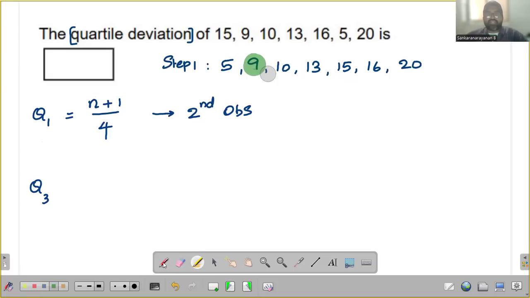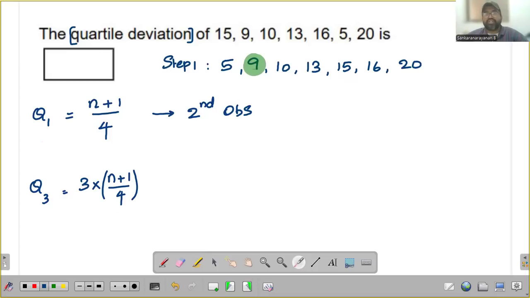In the same way, you can see 3 times n plus 1 upon 4. You know that n is 7. 7 plus 1 is 8, 8 by 4 is equal to 2. 3 2s are 6.